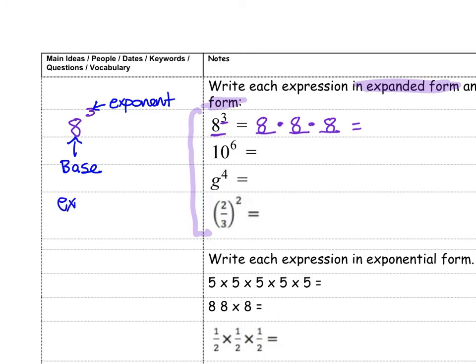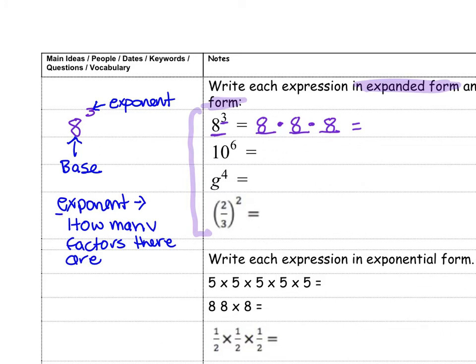The exponent tells us how many factors there are, and the base tells us what number each factor is.